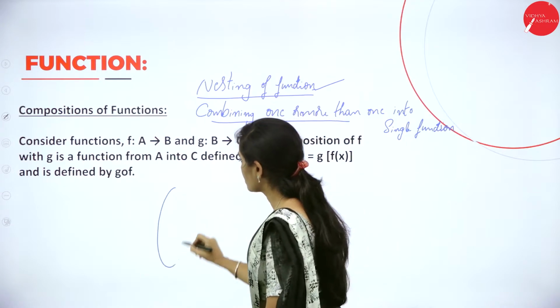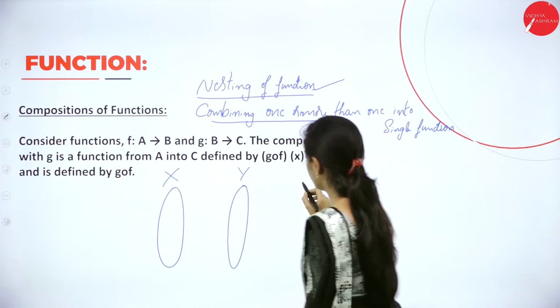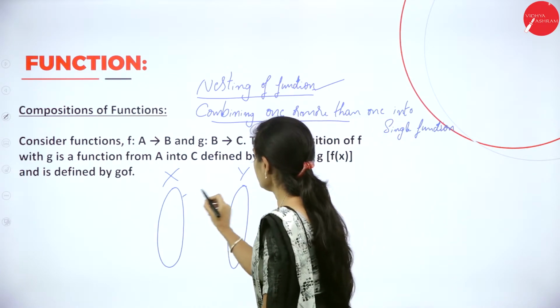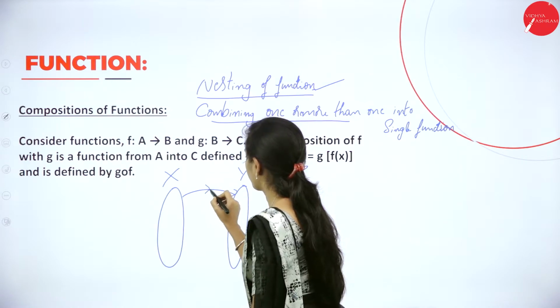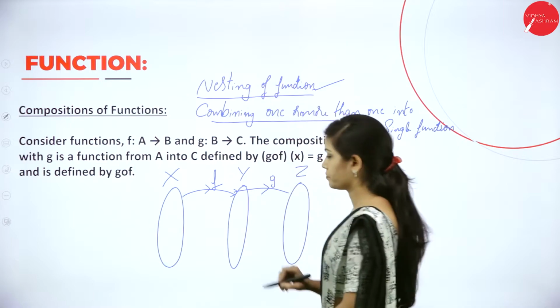So here I have x, y, z, three mappings. So this is f and this is g.